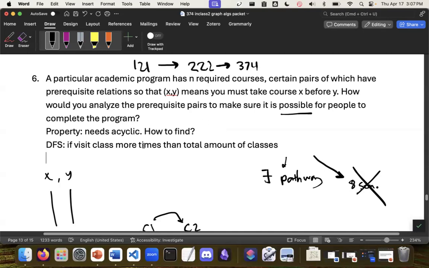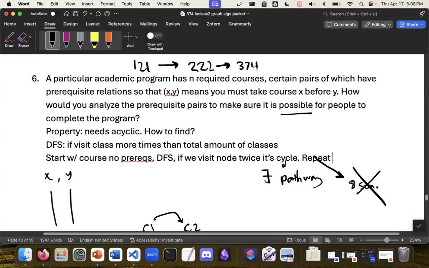Yeah, yeah. We said we start with courses that don't have a prerequisite. We start with one course that doesn't have a prerequisite. Then we go through that path, and if we revisit a node, we know it's a cycle. And then when you're done with that, you go to the next course, if it doesn't have a prerequisite, and then you go through again and do the same thing.